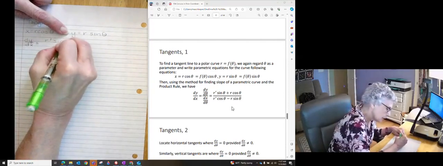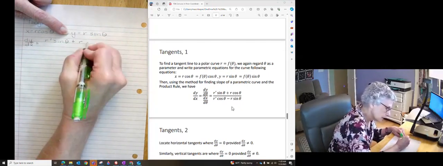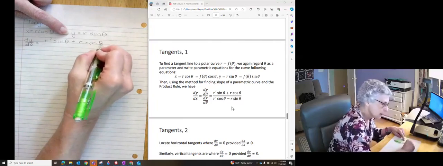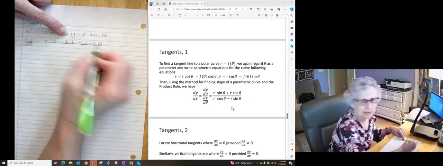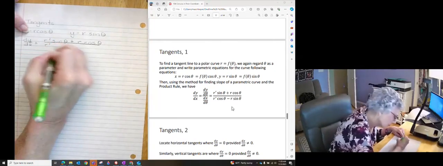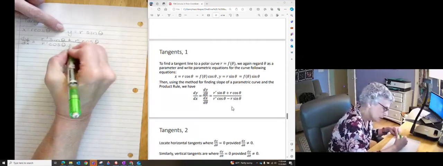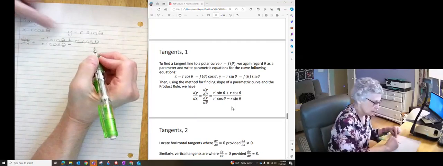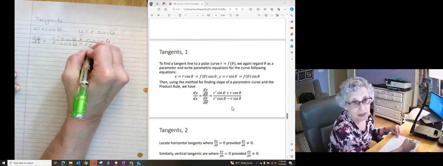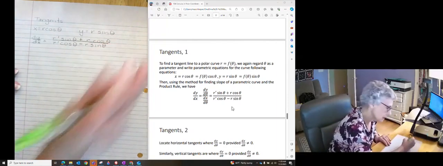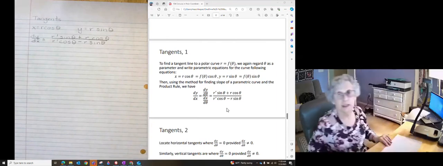So r primed times sine of theta plus r times the derivative of sine, which is cosine, product rule, r primed cosine theta for dx d theta. I'm going to go ahead and put minus because I know the derivative of cosine is negative sine, so minus r sine theta.